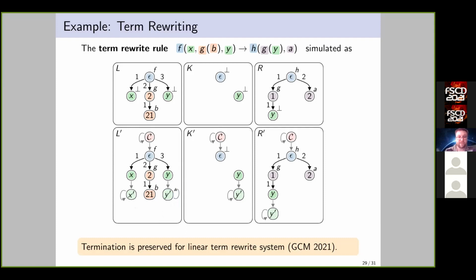So this gives rise to challenging termination problems. Of course, we have a large body of research on termination on well-founded structures, on terms. We have also a bit of research on termination on cyclic structures.